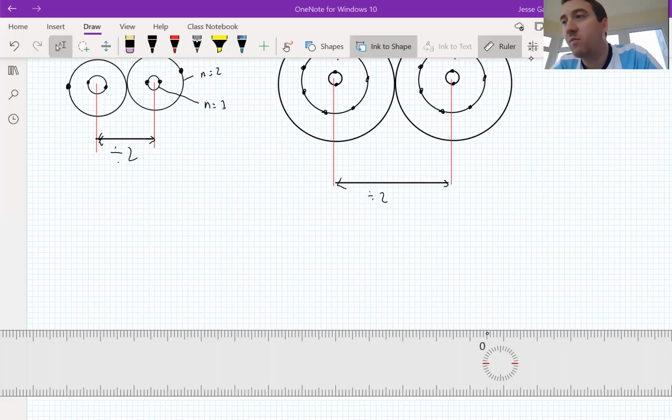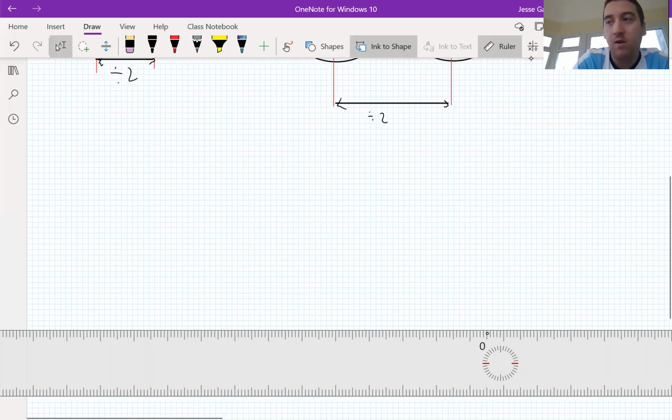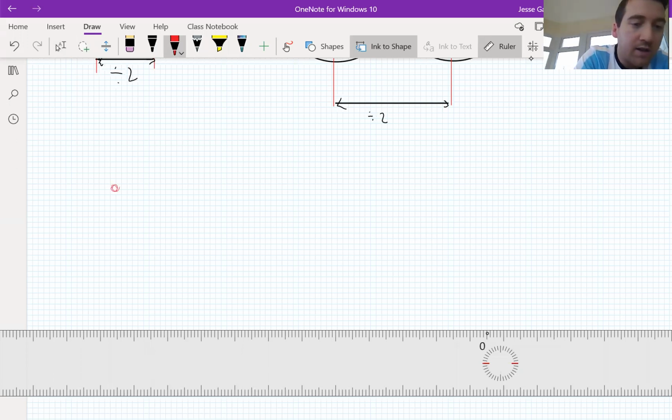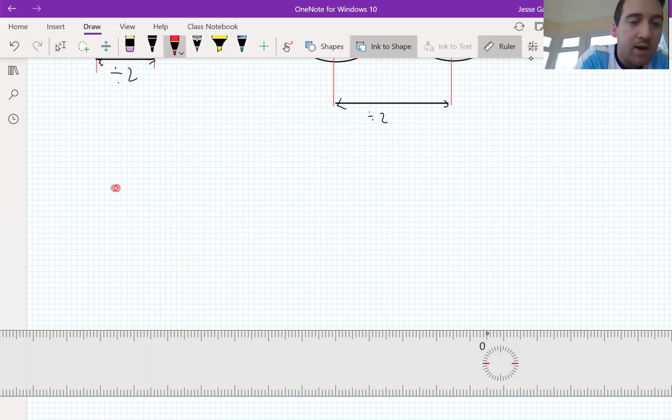Now, as we previously discussed, the nucleus is home to the positively charged protons. So we're just going to take a look at these now. Okay. So here I am drawing the nucleus. For example, say we have a nucleus that's got 1, 2, 3 protons.